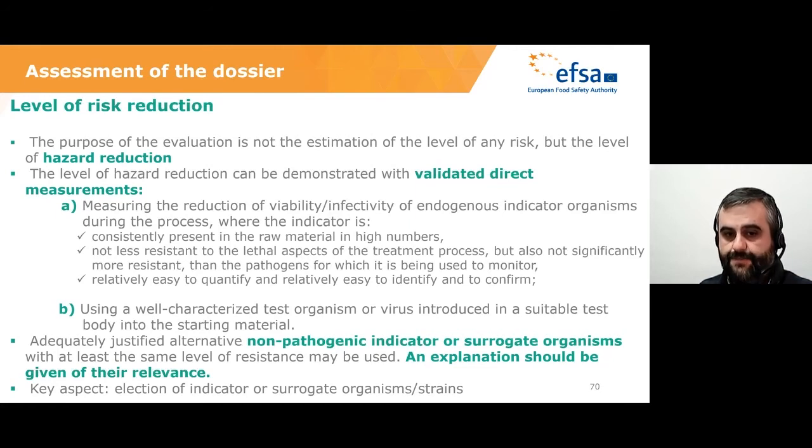So it's a very key aspect, the selection of the indicator or the surrogate organisms. If they are badly selected, there is a high chance that the application won't be successful. So a good selection of an indicator or surrogate organism is very important. So this would be the first possibility, to do a laboratory confirmation of the effectivity of the method. So let's go to the next slide.